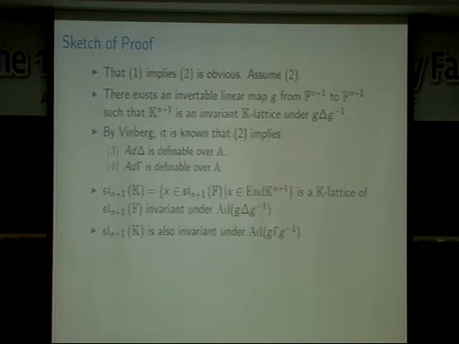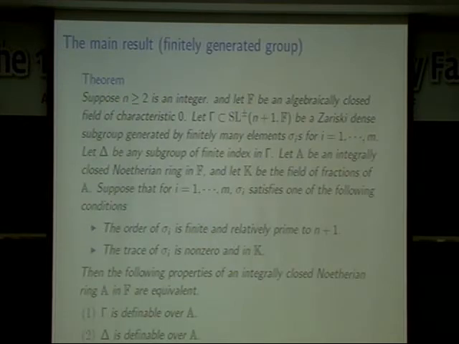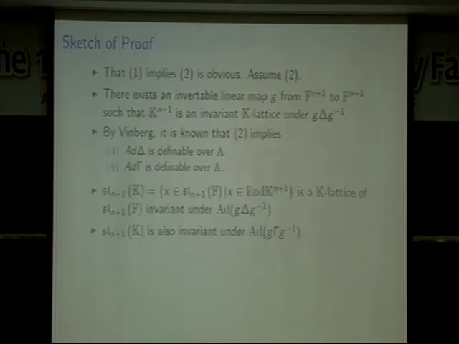So, sketch of proof. 1 implies 2 is obvious. So assume 2, that is, delta is definable over A. Then because delta is definable over K, the field of fractions, there is an invertible linear map G from F^(n+1) to F^(n+1) so that K^(n+1) is an invariant K-lattice under G delta G inverse.